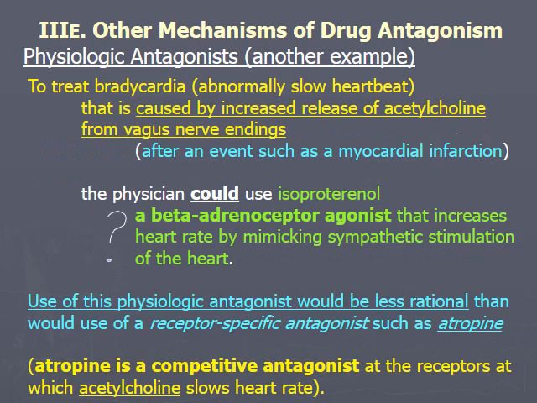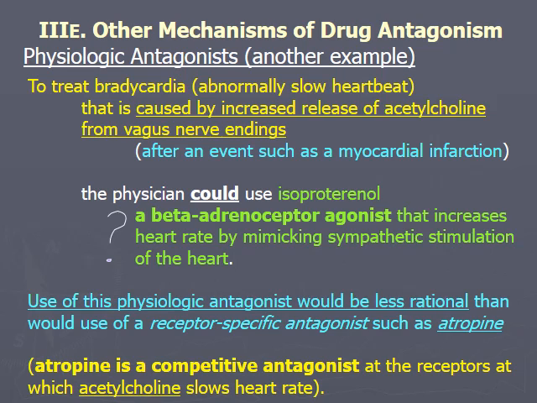Now, the last example your book uses as a physiologic antagonist is in the treatment of something called bradycardia. Bradycardia is a type of arrhythmia where your heart beats slower than it should. What's the opposite of bradycardia? Tachycardia.